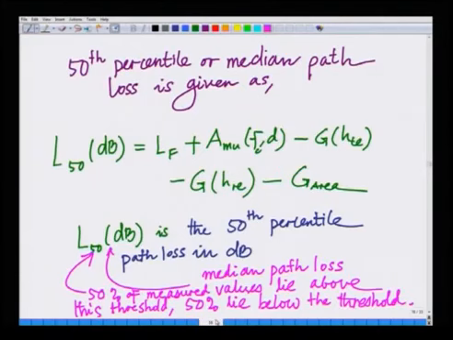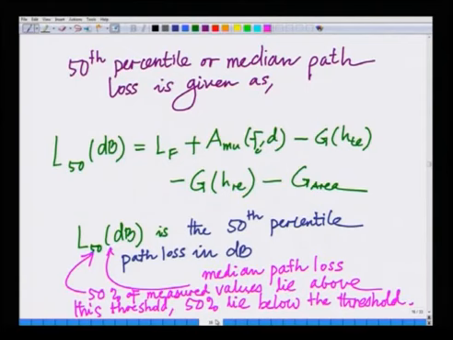And we said that in the Okumura model, the 50th percentile path loss, that is L50 in dB, is given as LF, the free space path loss, plus A mu, which is a correction factor which is a function of the carrier frequency and the distance, minus GH, which is a gain factor, that is where you are subtracting from the loss. This gain is arising because of the height of the transmit antenna.